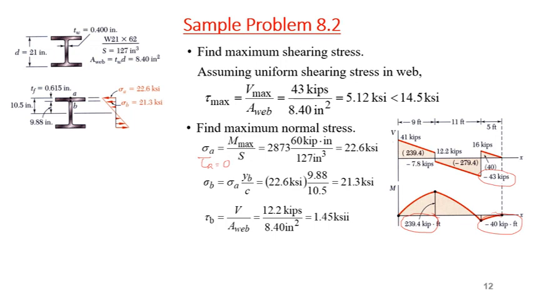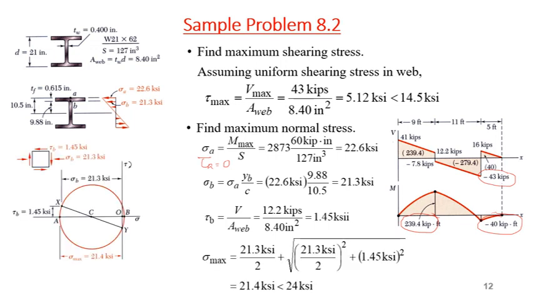Okay, so now tau B is 1.45 kilopound per square inch. Now, maximum normal stress, if you calculate, obviously the sigma allowable was 24 ksi.